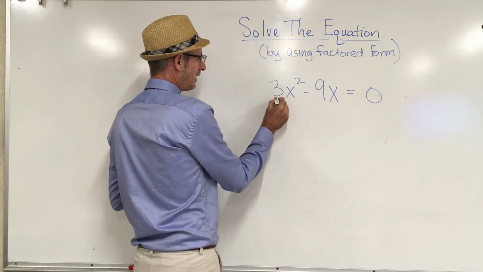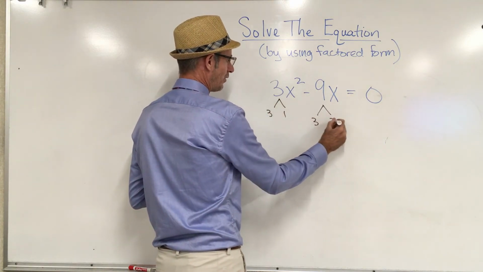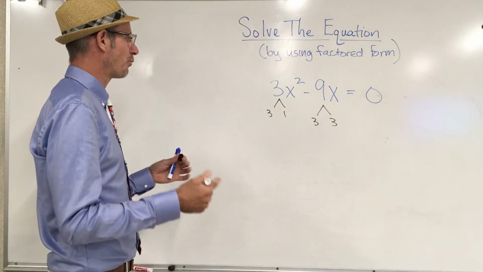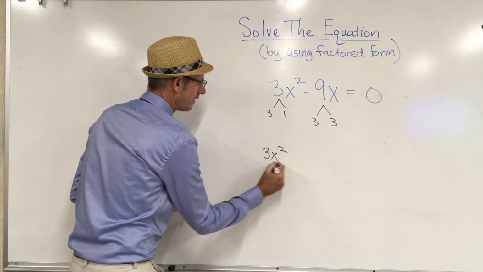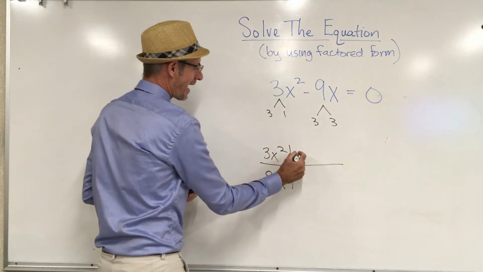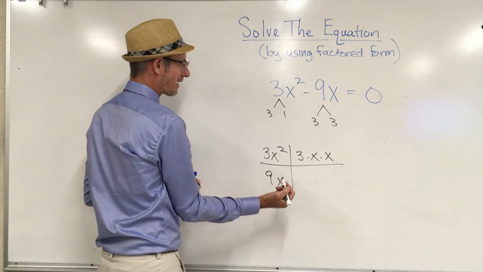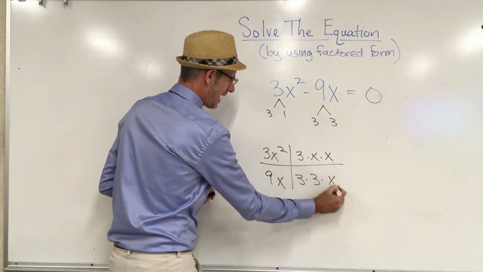So this is 3 times 1, and this is 3 times 3. So the biggest number that goes into both of them is a 3, but I'm going to go ahead and write it down. So I have 3x squared, and I have 9x. Its prime factorization is 3 times x, and its prime factorization is 3 times 3 times x.